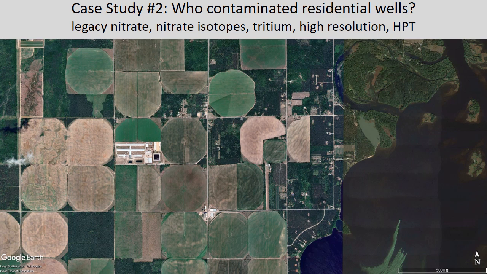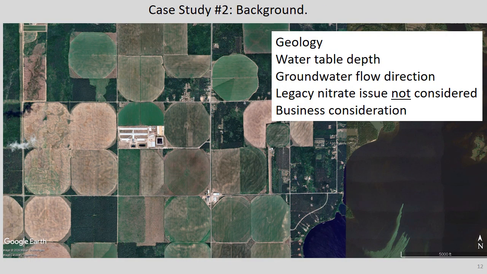So we're going to look at legacy nitrate, nitrate isotopes, tritium, high resolution monitoring, and HPT in this case study. The dairy was established in 2007. So could manure impacted groundwater reach these residential wells?